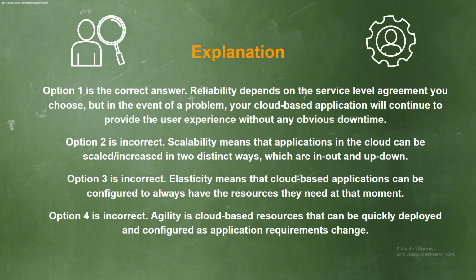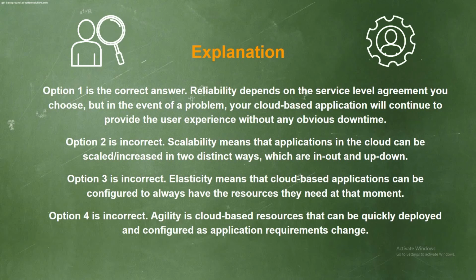Explanation. Option 1 is the correct answer. Reliability depends on the service level agreement you choose, but in the event of a problem, your cloud-based application will continue to provide the user experience without any obvious downtime. Option 2 is incorrect. Scalability means that applications in the cloud can be scaled or increased in two distinct ways, which are in-out and up-down.